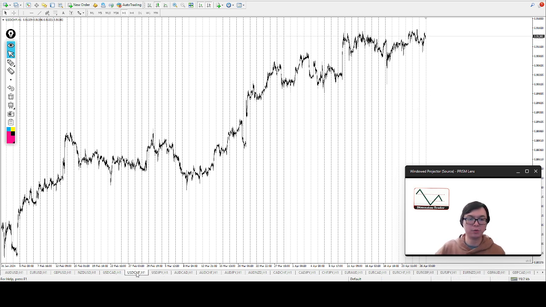Let's go to the next one, dollar Swiss. Previous week, 21, we have a clear uptrend movement, which is from here to here. This is an uptrend movement.